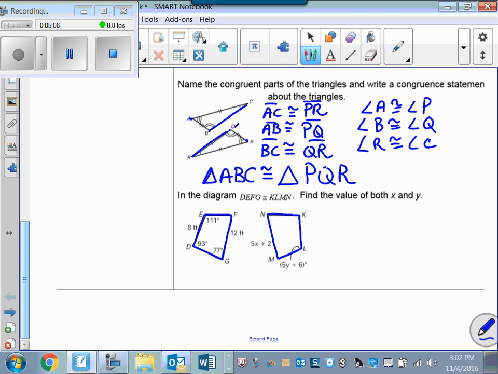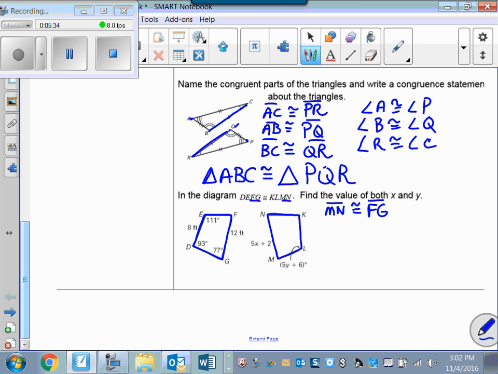Here's x on this side MN, so let's start with that. Let's figure out what MN is congruent to, and maybe it has a number on it here. If I look at my letters, MN is going to be congruent to FG. I just have to look at the order that they are listed in.